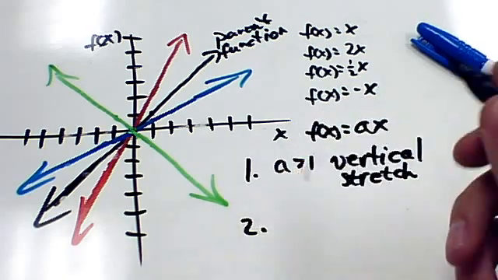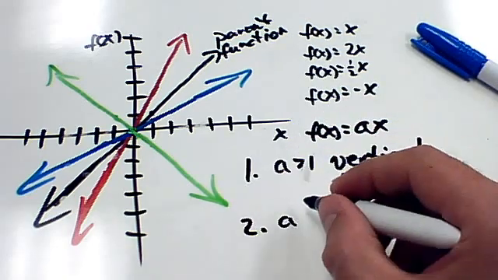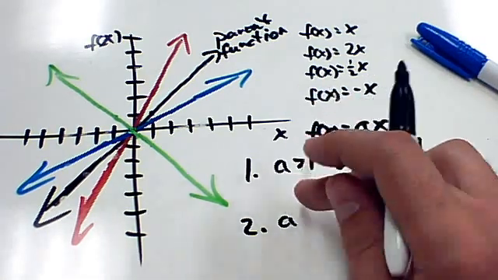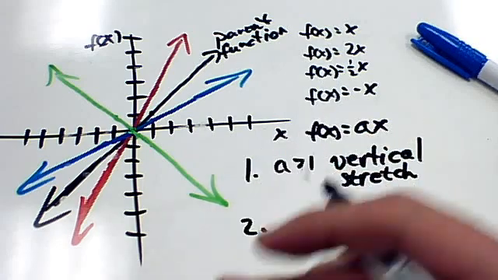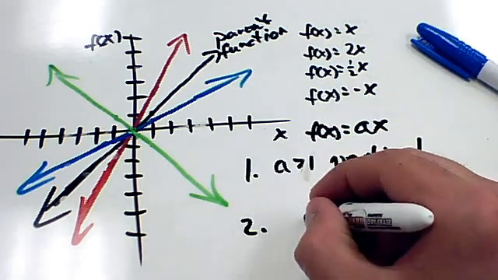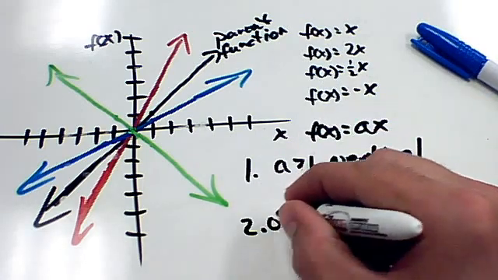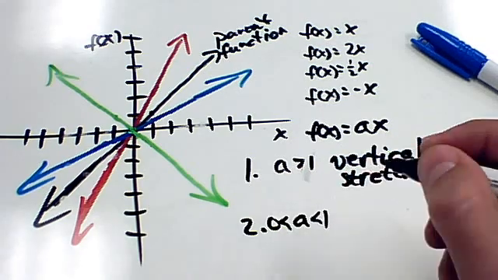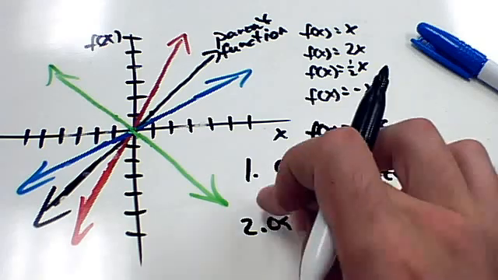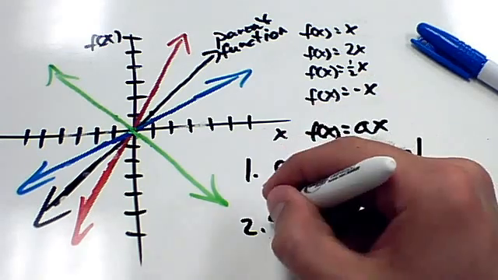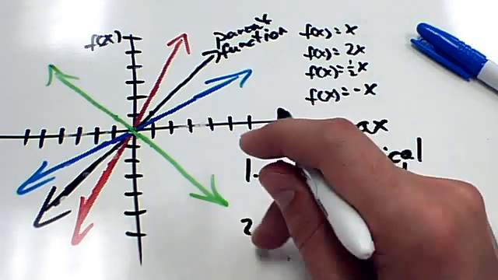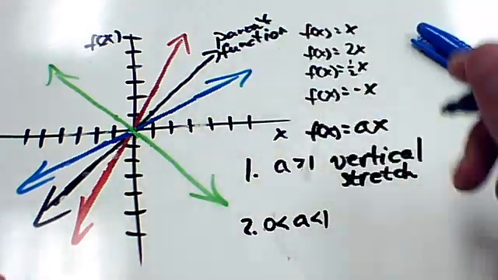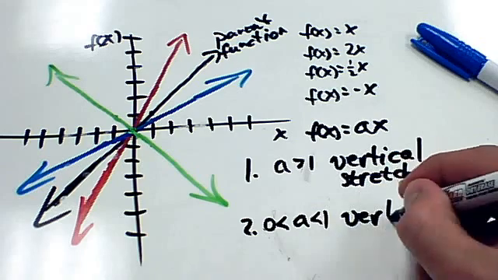Okay. Number 2, when a is less than 1, and I'm talking about just positive values, so a being less than 1 would also mean a is greater than 0. So greater than 0 and less than 1. Let me clean this up a little bit so it's easier to see. We would have a vertical shrink.